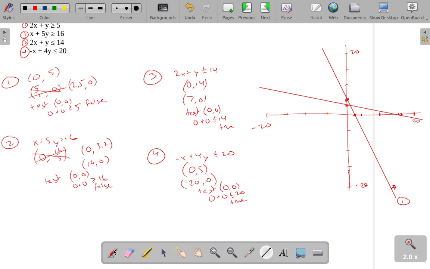I'll call that good. That's line 2, and I would shade away from the origin on this line as well, because it did not satisfy the inequality, or the inequality did not satisfy it, I should say.